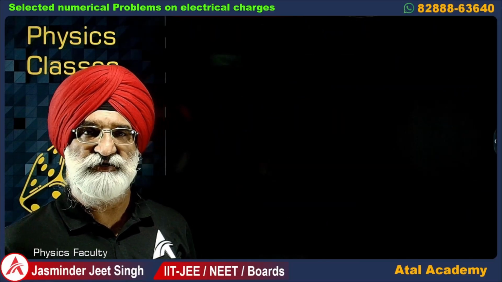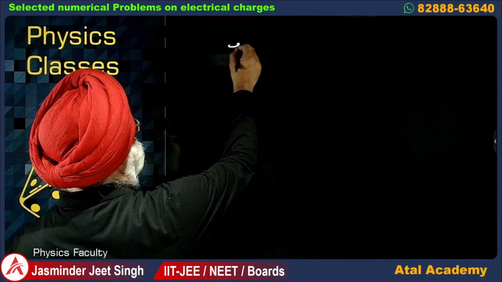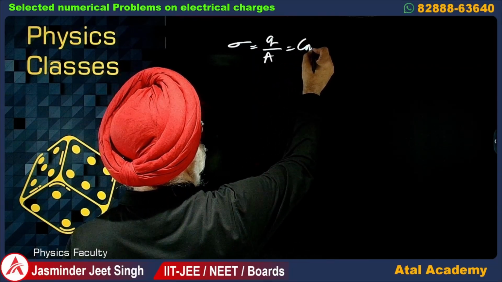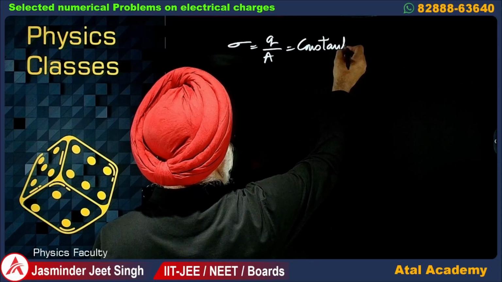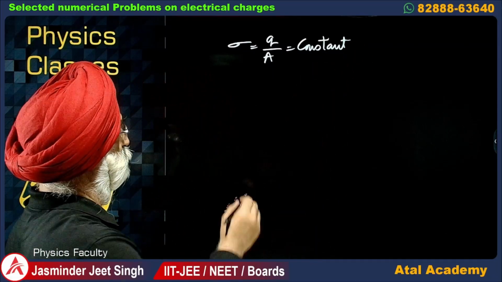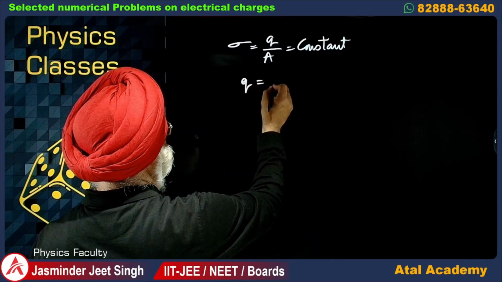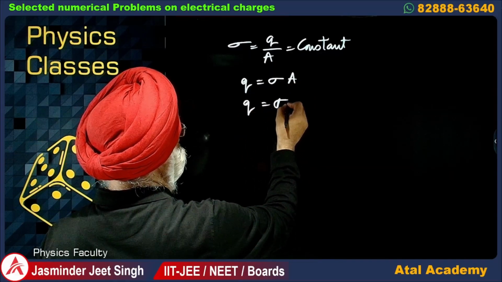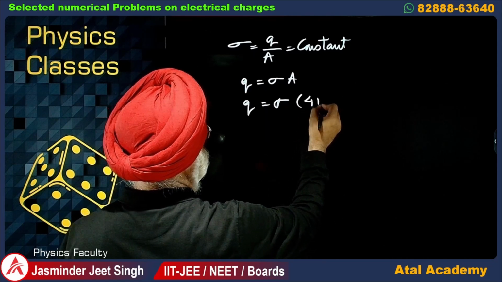Now when sigma, which is charge per unit area, is constant, by cross multiplication, charge will be sigma into area, and area of a sphere is 4 pi r square.